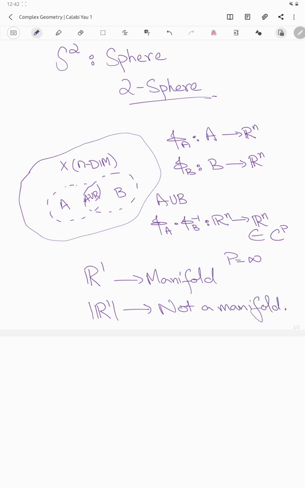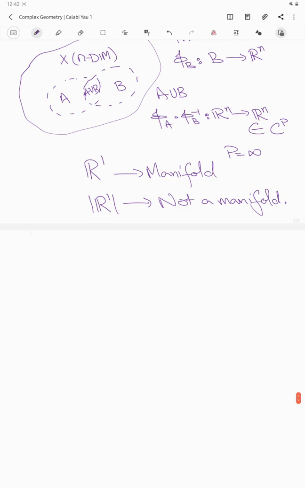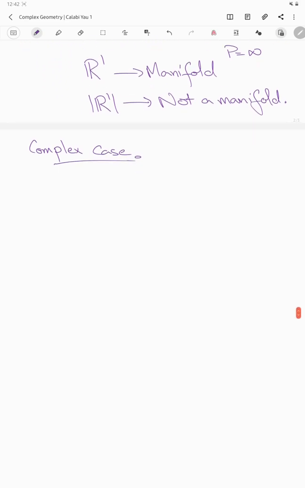Okay, so now let's jump on to the complex case with the same diagram. Let's talk about the complex case to develop the complex manifold. We would have the space, again, and let's call it X again.